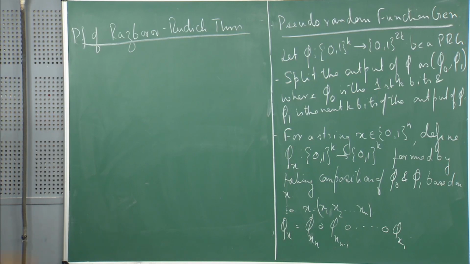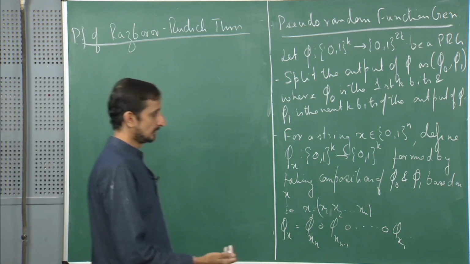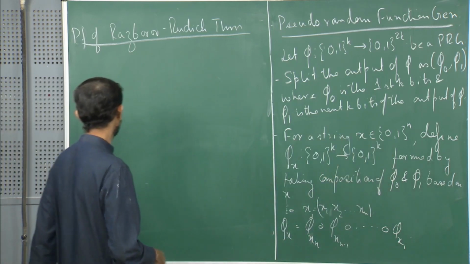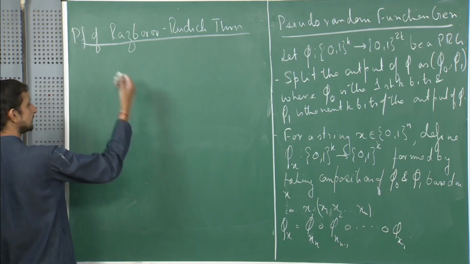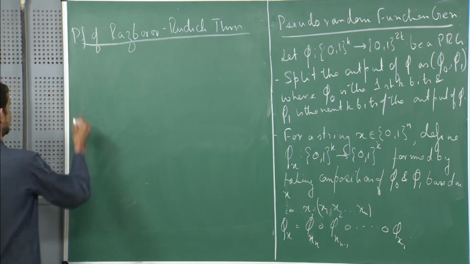So recall what the theorem was. The theorem said that there is no natural proof that separates NP from P/poly unless this happens. Okay. So for the sake of contradiction, we'll assume that suppose there exists a natural proof.